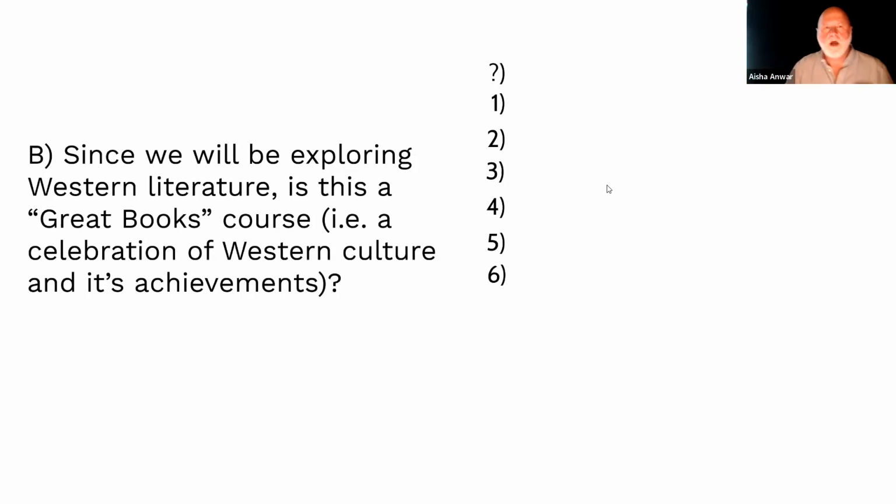So the question is, why pick this one? Is the answer that this is the greatest civilization ever? You may have gotten that answer in a classroom 30 or 40 or 50 years ago. That's not the answer here today. The answer is we are looking at that tradition because that tradition became our tradition. And as I've said, there are things in the Epic of Gilgamesh that are still alive and well today.